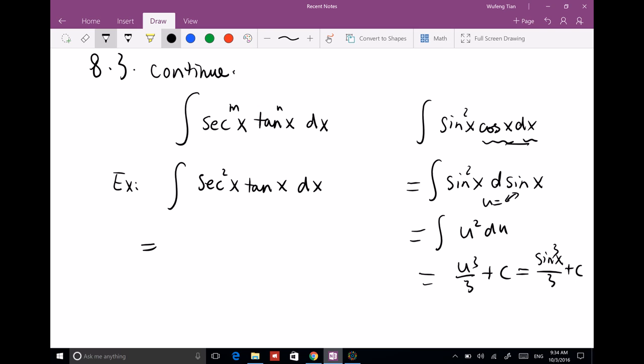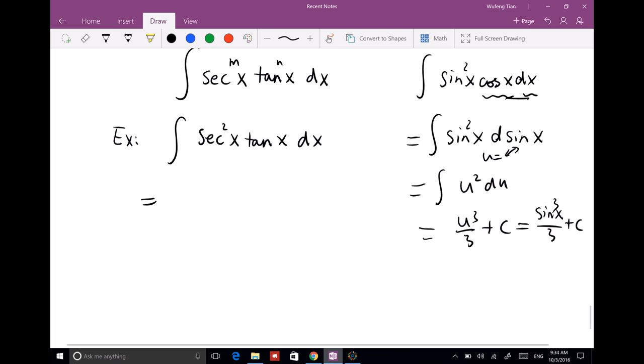So what do we need to do? What we need to know are the two derivatives. First is the derivative of tangent. What's the derivative of tangent x? Can anyone tell me?